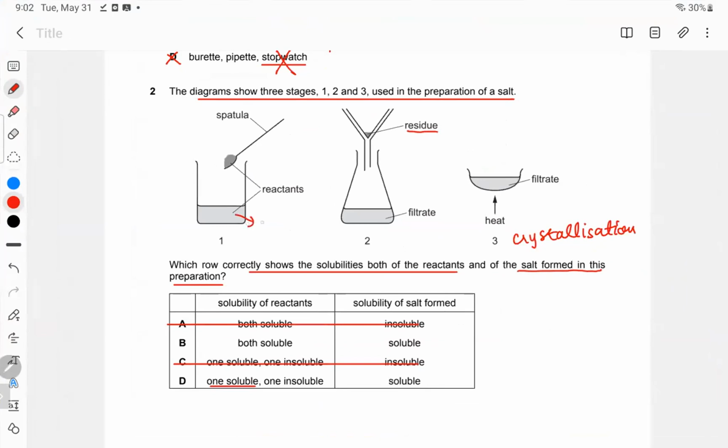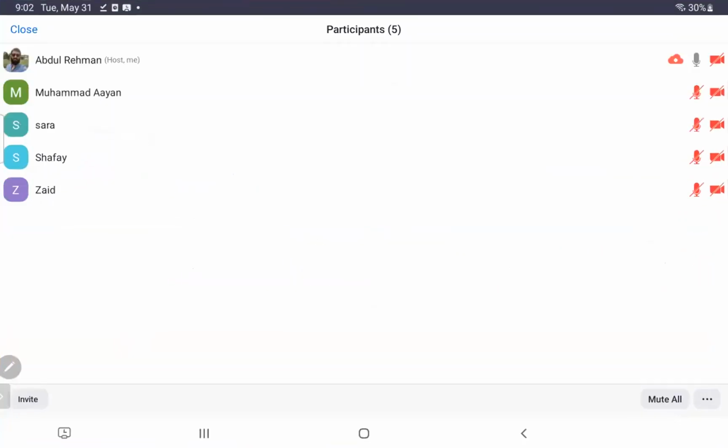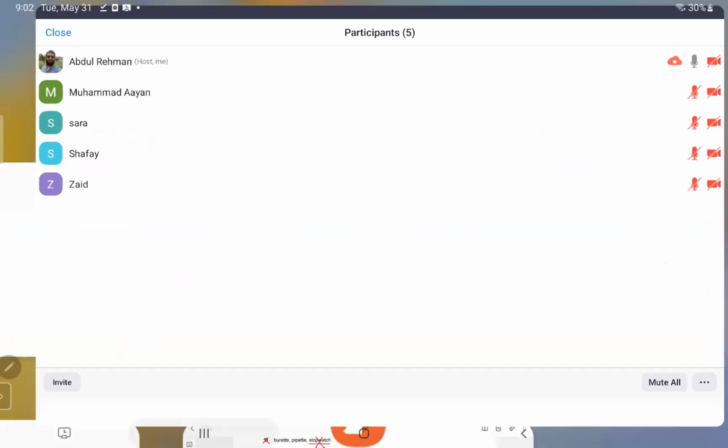So this is a soluble reactant and this is an insoluble reactant. So that makes B go wrong as well. So we are left with D. So D is our correct option. Is it clear till here for everyone? Yes, sir.